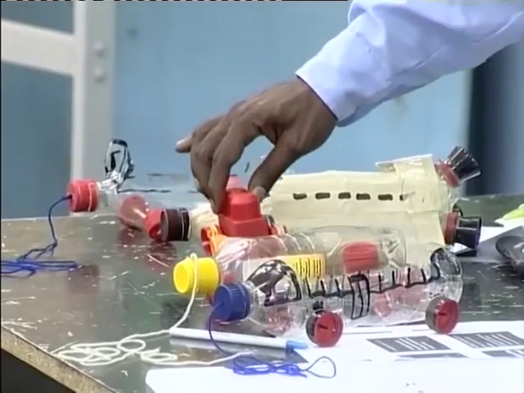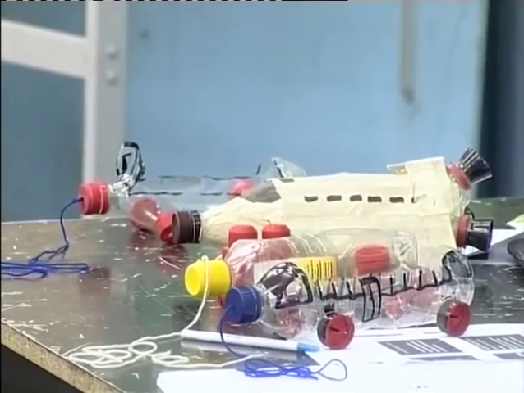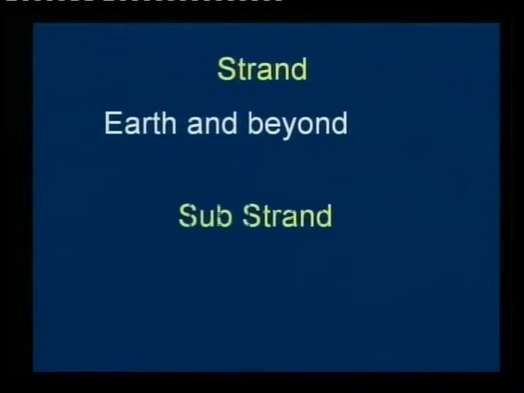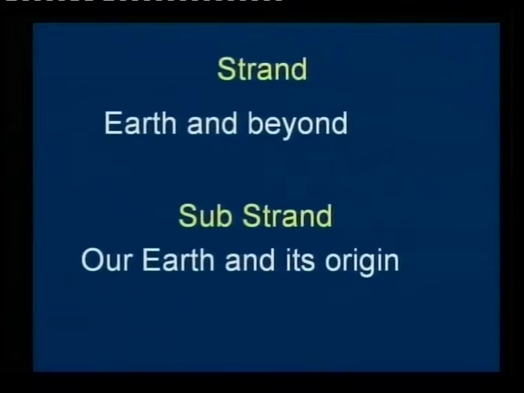Right, very good. Now, class and receiving students and teachers, today we move on to a new strand, and our new strand is Earth and Beyond. The sub-strand is our Earth and its origin.